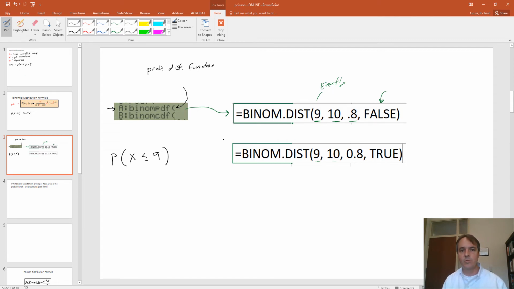You're seldom interested in just one exact value, but you might be interested in a range of values for something like capacity planning. So if we're interested in a certain range, particularly less than or equal to, then we use the CDF, which stands for cumulative distribution function.